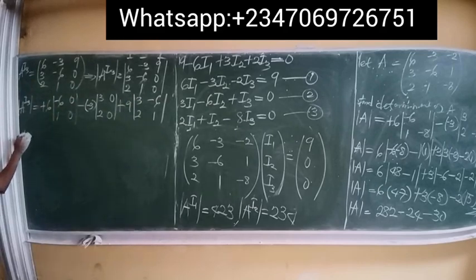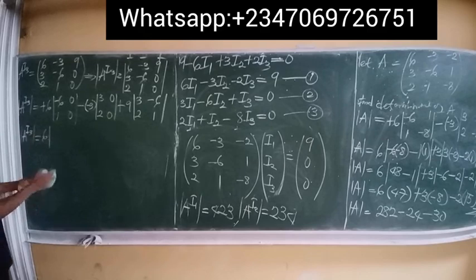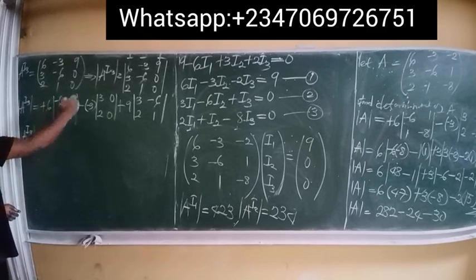So the determinant of AI3 is now equal to, this is 6 into, so major row minus the minor row.